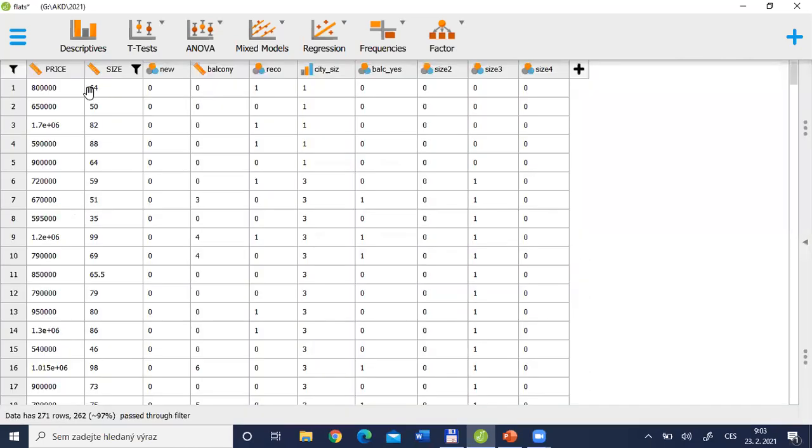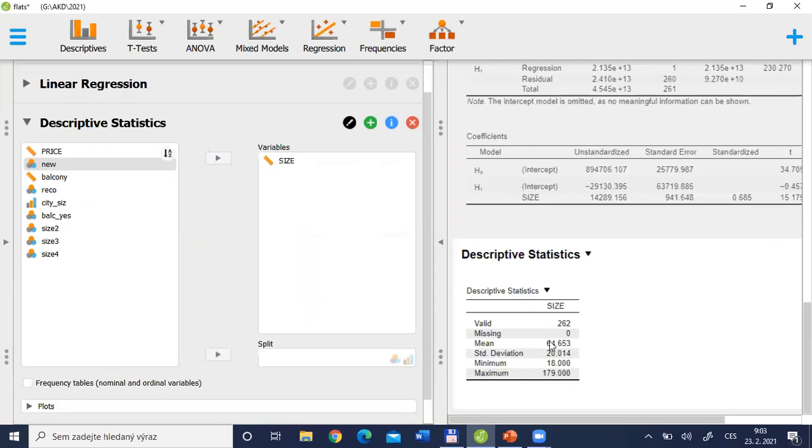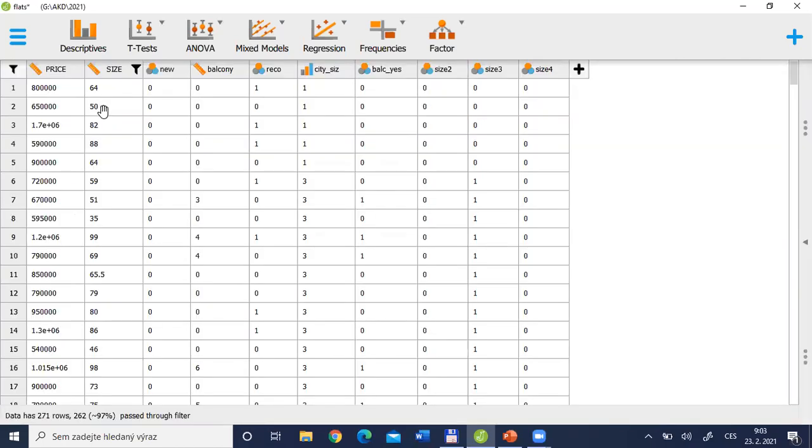For example, this first flat is 64 square meters in the original, and for the centered variable it would be minus 0.653, as it would be 64 minus 64.653. For the second flat, with size 50, it would be minus 14.653, and so on.